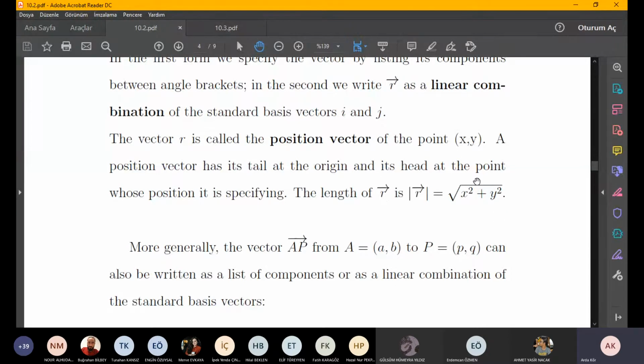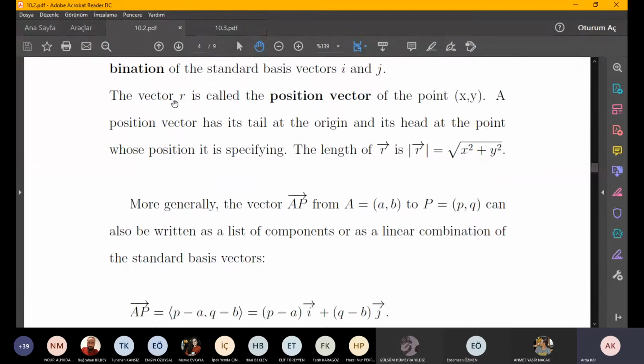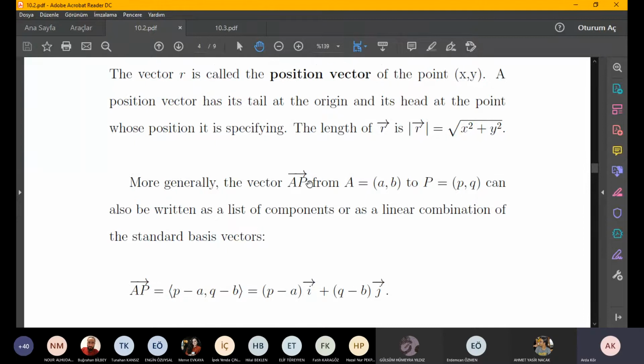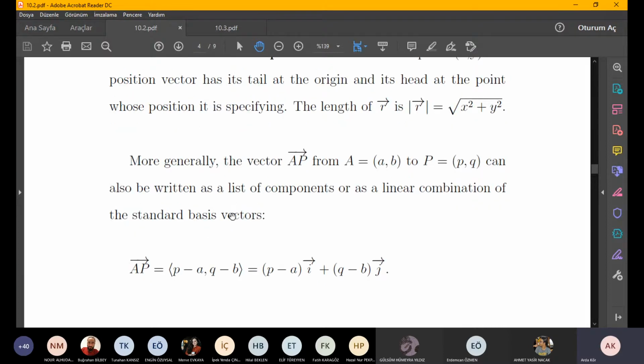If we are not talking about a position vector, any vector AP, which does not have its initial point at the origin, can also be expressed as a linear combination of those standard basis vectors i and j.